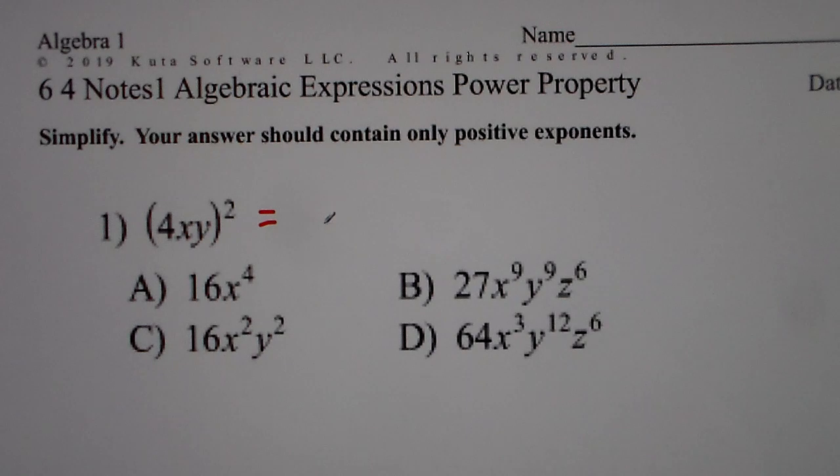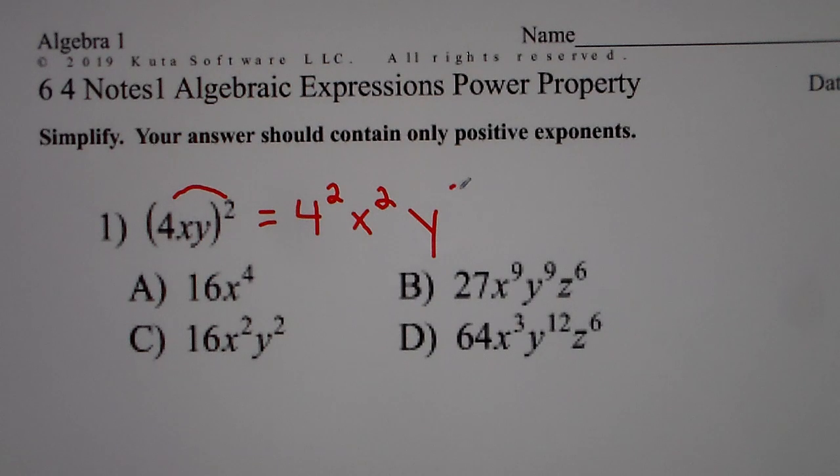So if I write it out, because this is more of a shortcut way of writing things, this is equal to 4 squared, because the little square goes to the 4. This little x also gets a squared, and this little y also gets a squared.